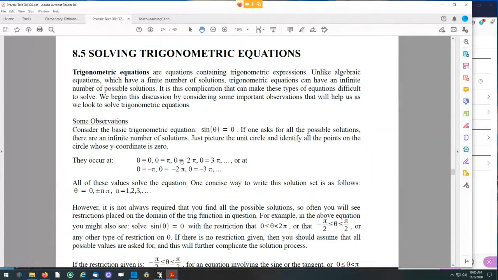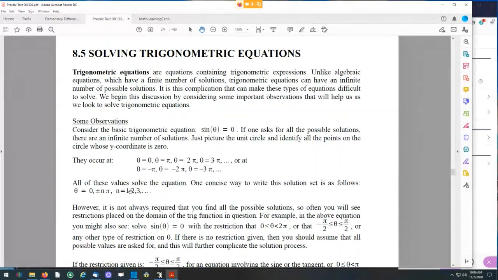But I also could go in the reverse direction, to the left on the theta axis, minus pi, minus 2 pi, etc. So in essence, there are an infinite number of solutions. Theta is equal to 0 plus or minus n pi, where n is 1, 2, 3, etc. So n is 1, I get plus pi, minus pi. n is 2, plus 2 pi, minus 2 pi. So I have an infinite number of solutions to that.